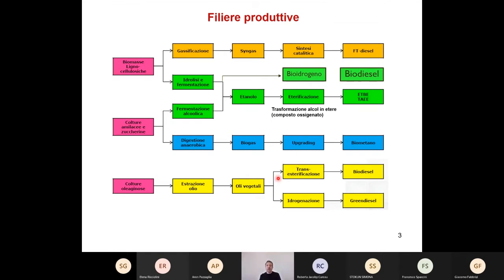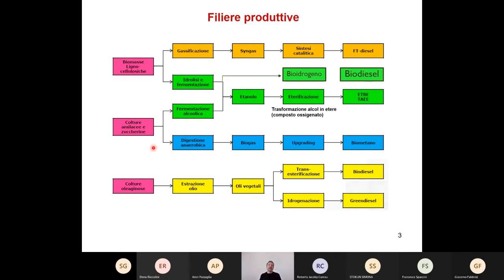So you can transform vegetable oil to biodiesel through a transesterification process. There is another kind of process, hydrogenation, where you obtain a biodiesel with a different name to consider the differences between these two pathways, green diesel. So from vegetable oil, from oleaginous crops, you can obtain biodiesel in substitution of diesel in the transport sector.